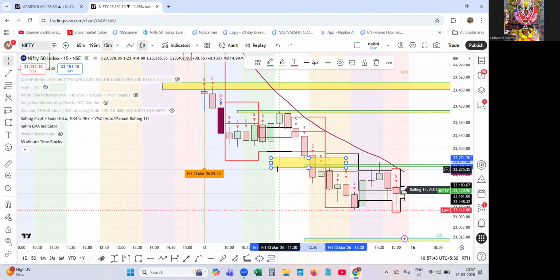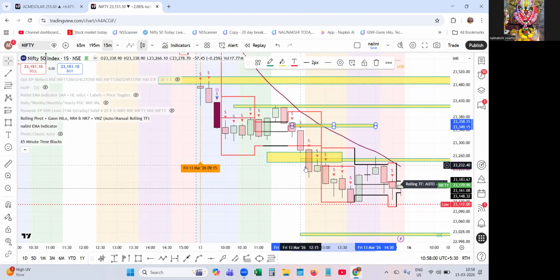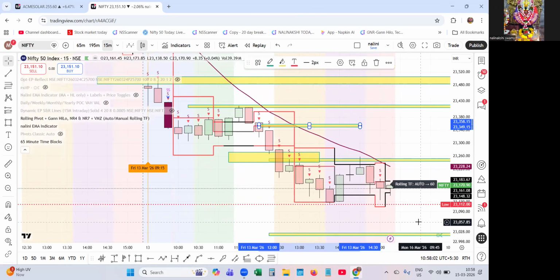You can clearly notice the range, and price has started falling below this. It has the hourly range pivot, and it is losing the mid 65-minute pivot. Then with clarity, you can enter into the sell trade early.